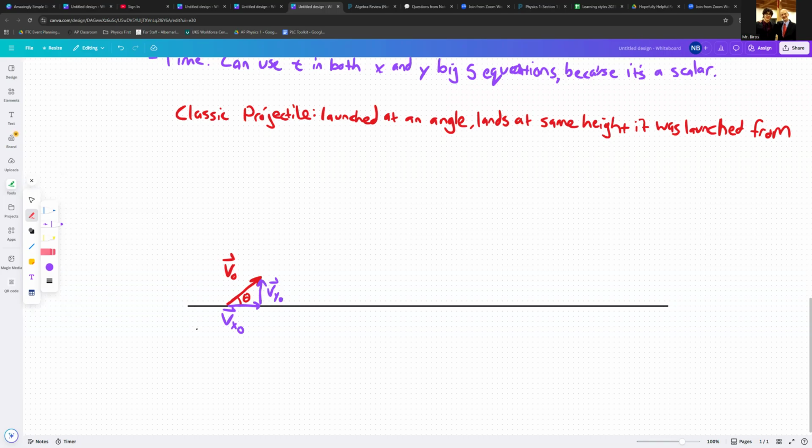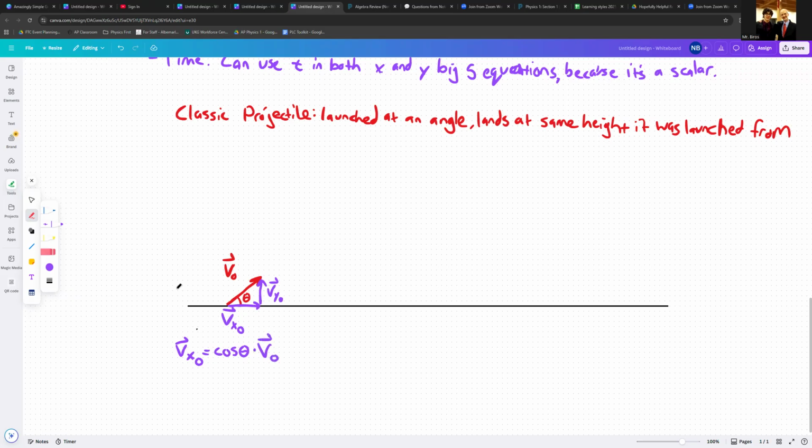If we remember from vectors, to find the x component Vx initial, because this is the adjacent side of a right triangle, with the red line the hypotenuse and the purple lines the two sides, we take the cosine, because cosine of theta is adjacent over hypotenuse. We take the cosine multiplied by that hypotenuse, which is the total velocity V initial.